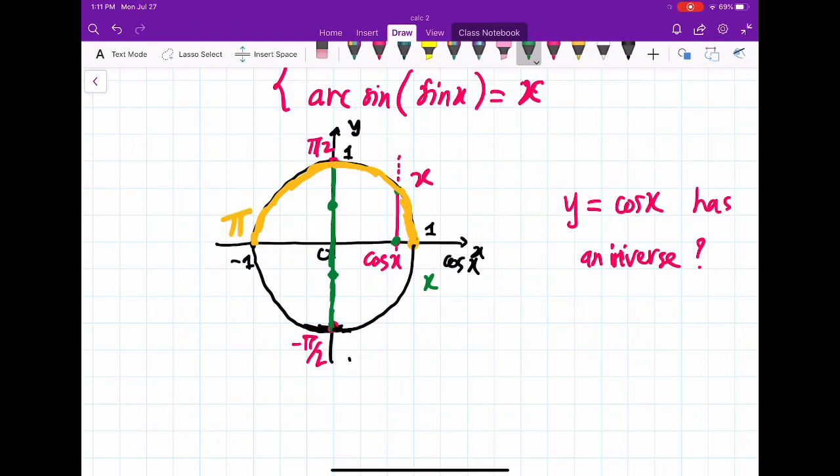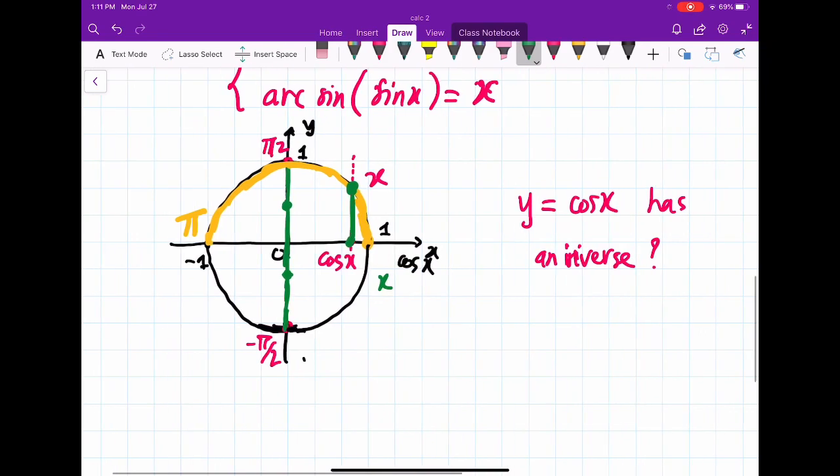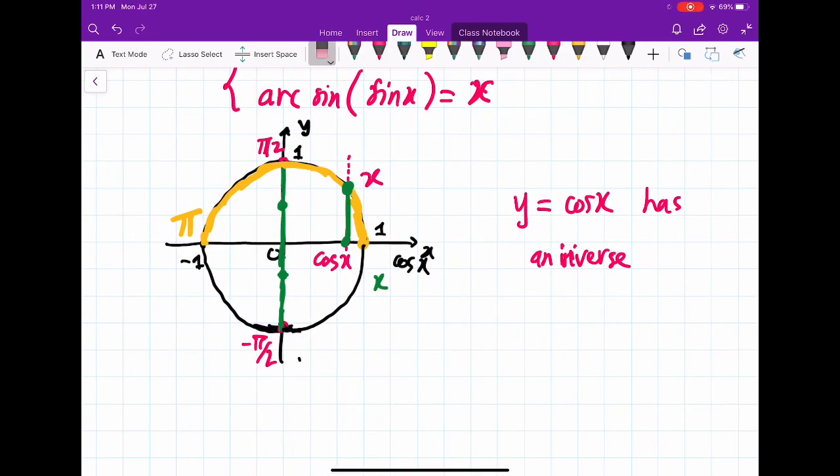And you can see for each point of cosine here, there is one and only one point on the circle corresponding to that cosine. You see? So cosine has an inverse for x in 0 to pi. You see that?